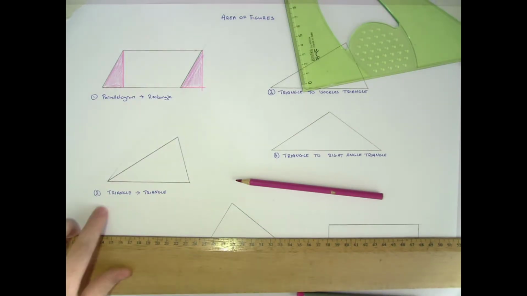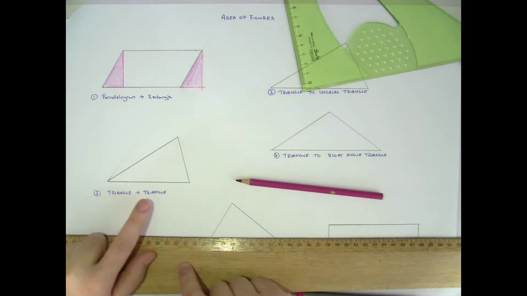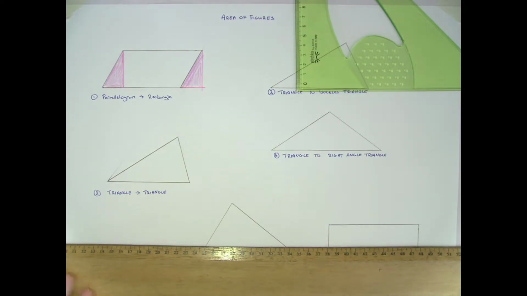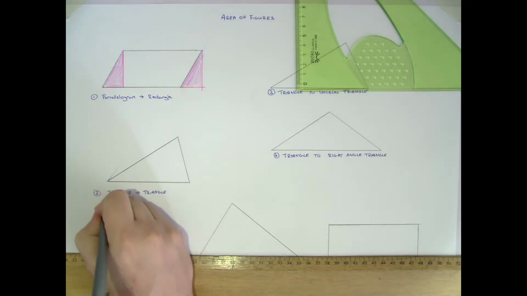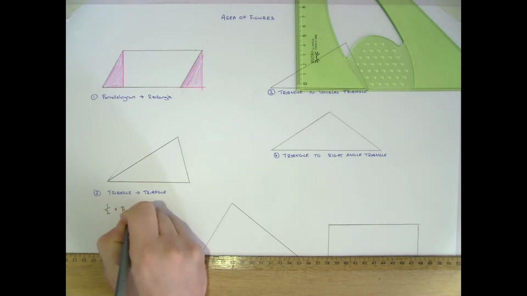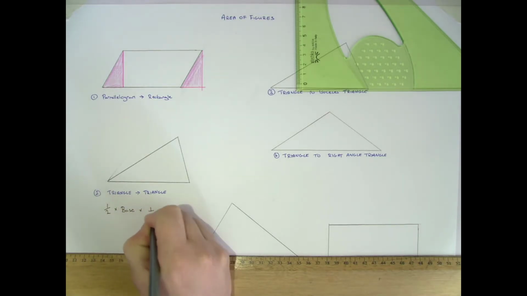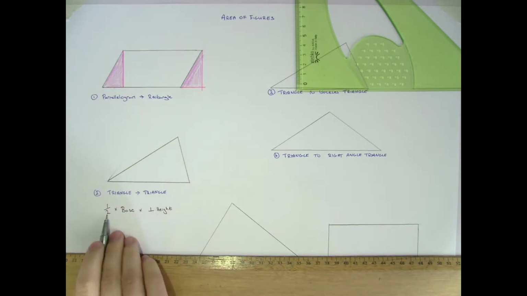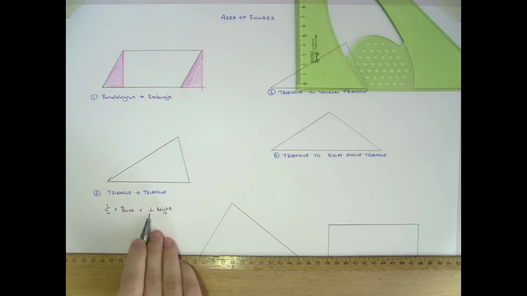For our second shape, we are converting a triangle into another triangle of equal area. Before we start that, we're just going to have a look at the formula for a triangle. In maths, if we were to calculate the area of a triangle, our formula would be a half multiplied by the base multiplied by the perpendicular height.